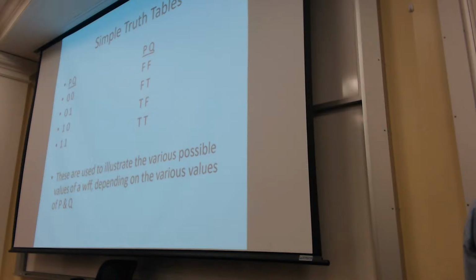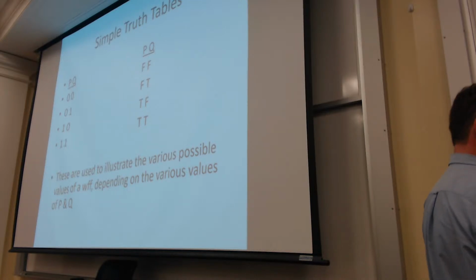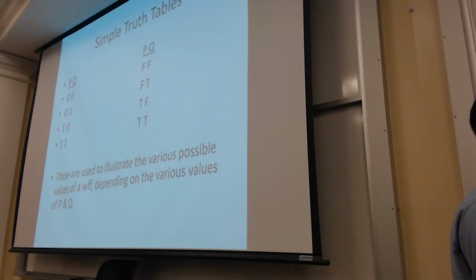So if there were a third letter, we would do 4 falses and then 4 trues. If there were a fourth letter, we would do 8 falses and then 8 trues, and so forth. So in other words, truth tables get exponentially more complex with each additional letter.